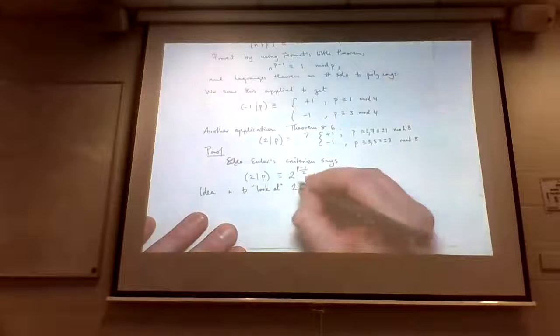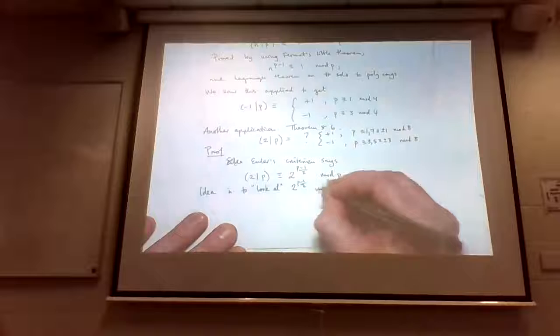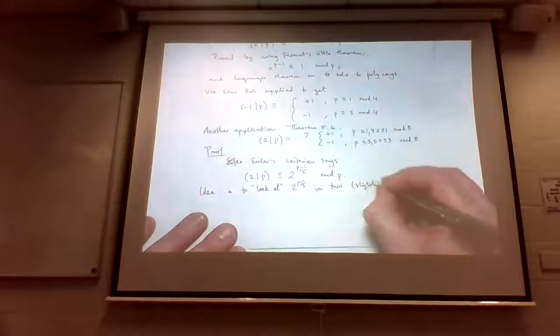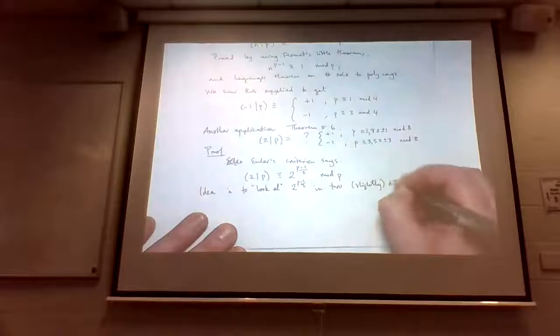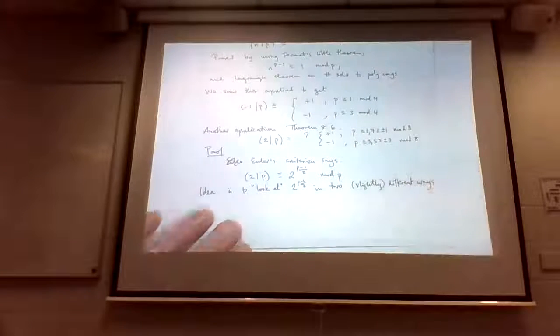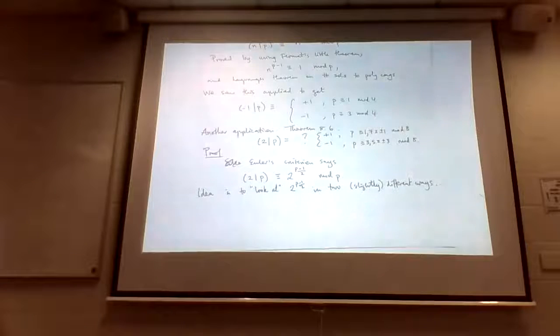So look at 2 to the power of P minus 1 over 2 in 2 slightly different ways. And in so doing, we'll connect 2 things that will give us the result.